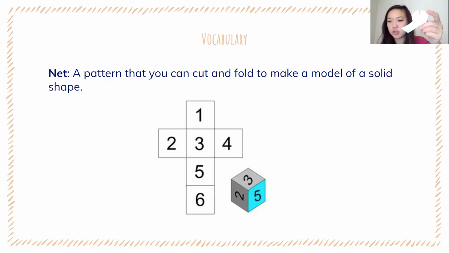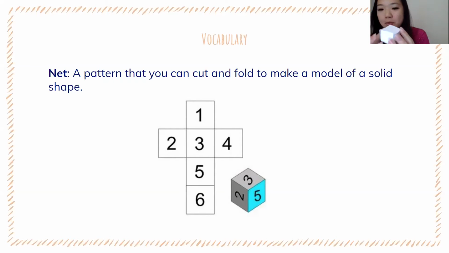Oh, sorry, I should hold mine up a little bit so you can see. Fold it at all the lines you have, just like that. Once I did all my folds, I'm just going to put it all together, and it makes a cube.